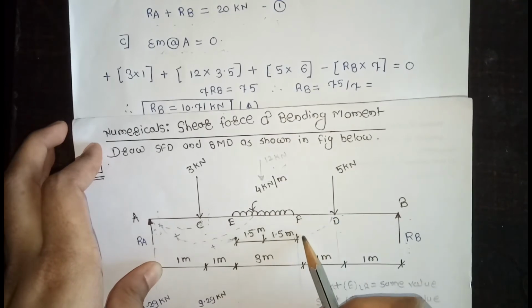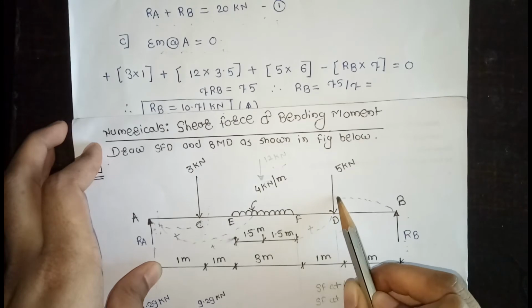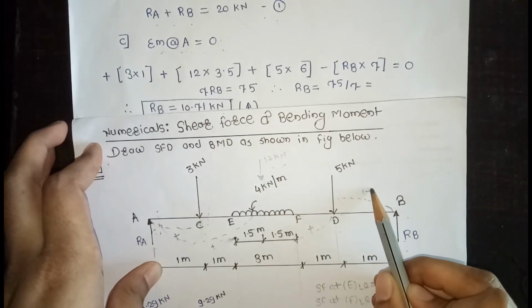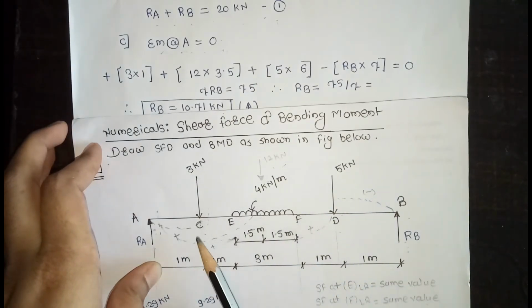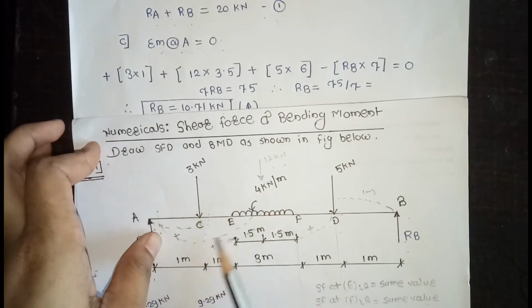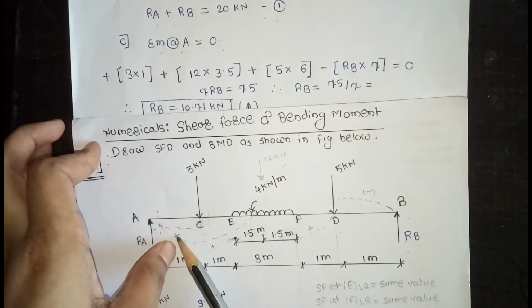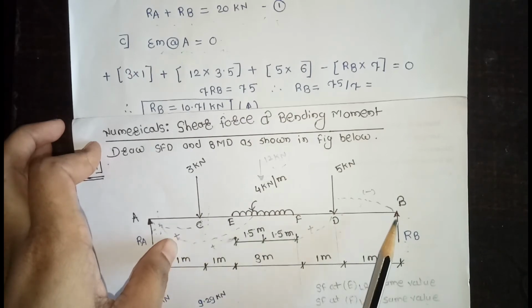Then the third force is in the clockwise direction, plus. And the last force is in the anti-clockwise direction, meaning negative. Clockwise moment is taken as positive and anti-clockwise moment is taken as negative.